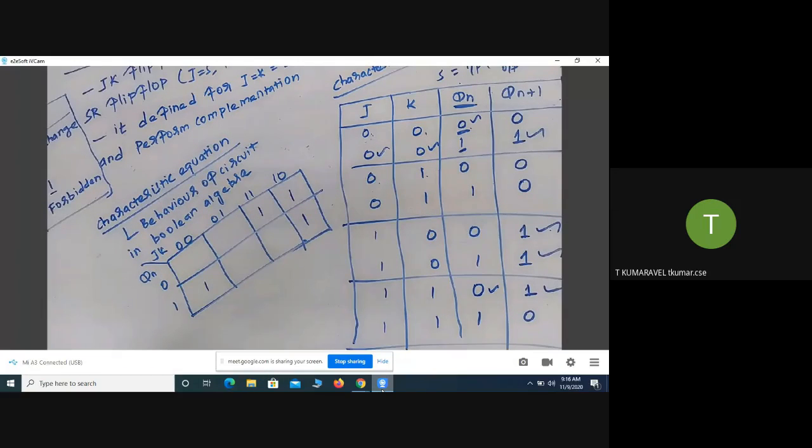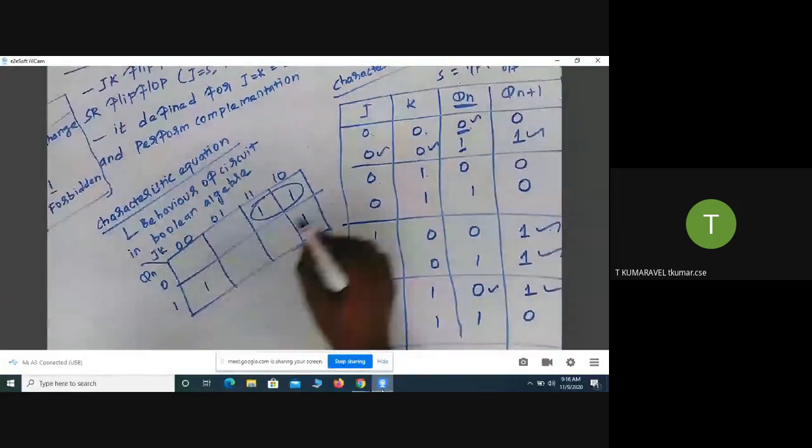Now what is the next step? You want to perform grouping. This is one grouping, this is another grouping, and this is another grouping.